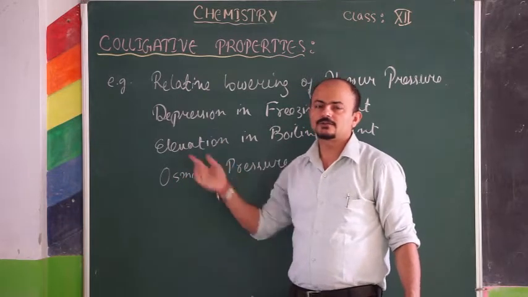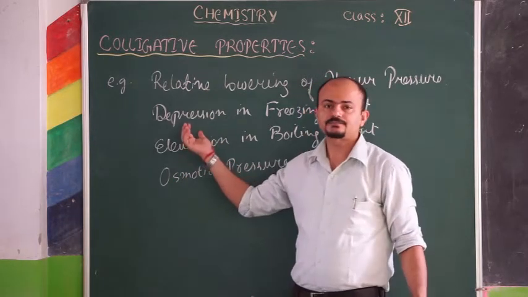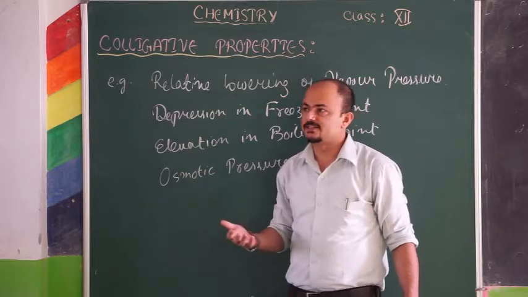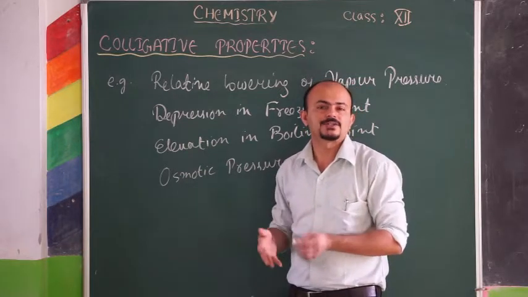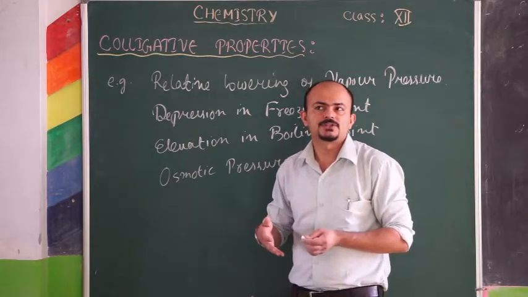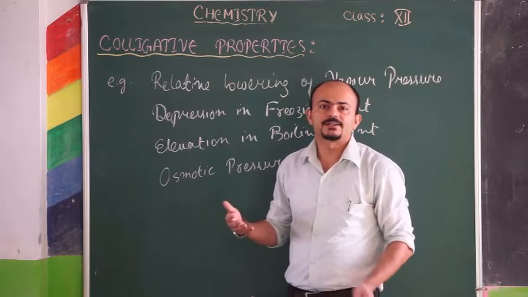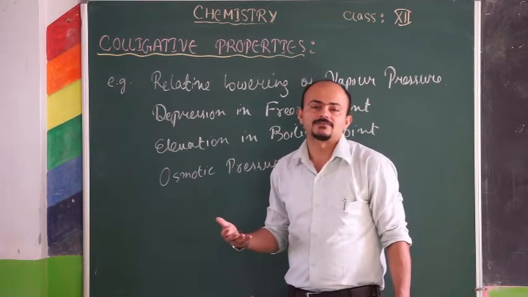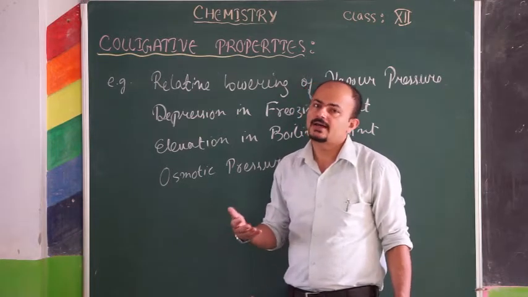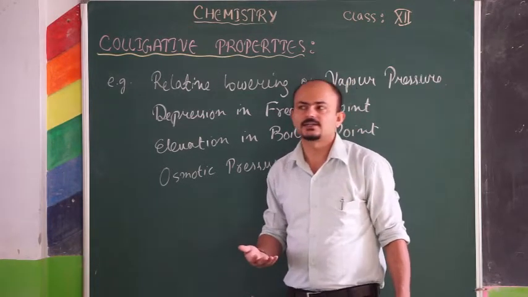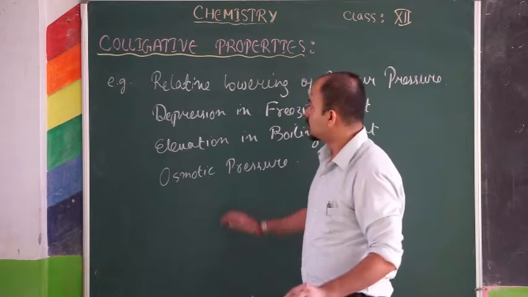From these four examples, you will be asked to derive the final expression, and that expression will be used to find the molecular mass of the solute or solvent molecule, mostly the solute.